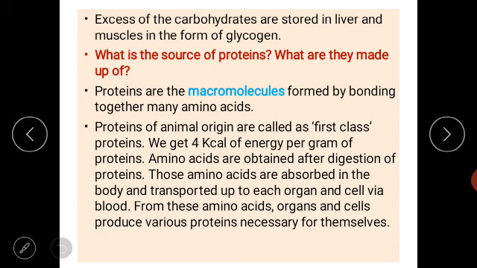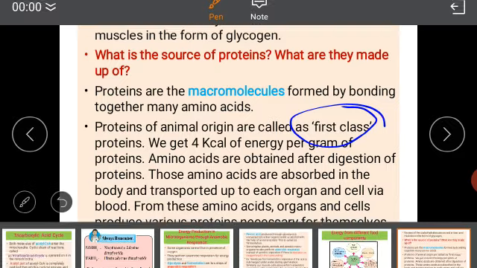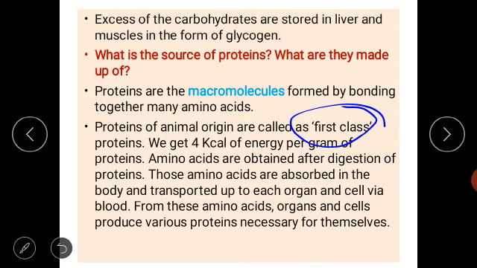Protein is very essential for the body of any organism because all the body parts of the organism are made up of protein mainly, and then carbohydrates and lipids are also needed. Protein of animal origin is called first class protein, and such protein can give you energy, that is 4 kilocalories of energy per gram of protein.